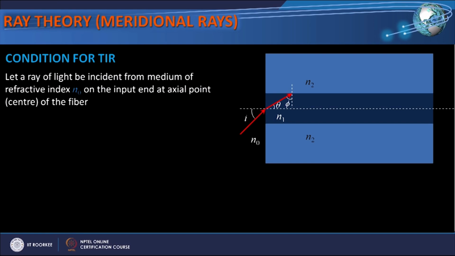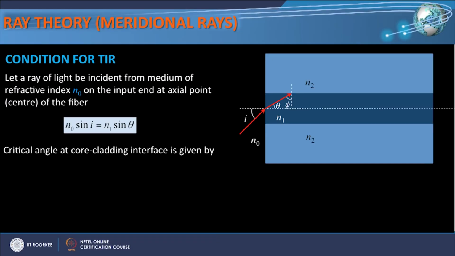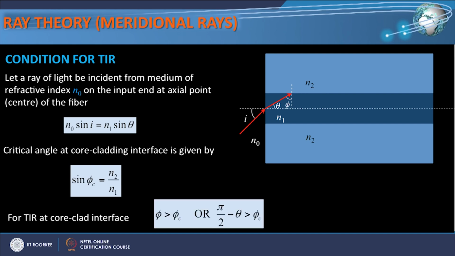Now, from Snell's law I know that n0 sin I should be equal to n1 sin theta, and the critical angle at the core-cladding interface is given by sin phi c is equal to n2 over n1. It is clear that for TIR at the core-cladding interface, phi should be greater than phi c, and correspondingly pi by 2 minus theta should be greater than phi c, because phi is equal to pi by 2 minus theta.